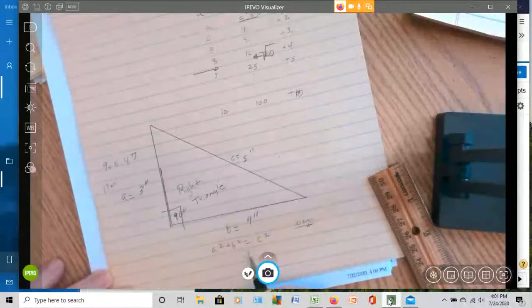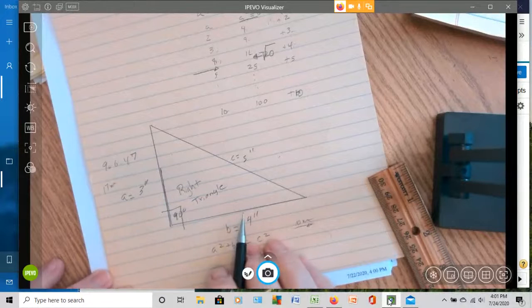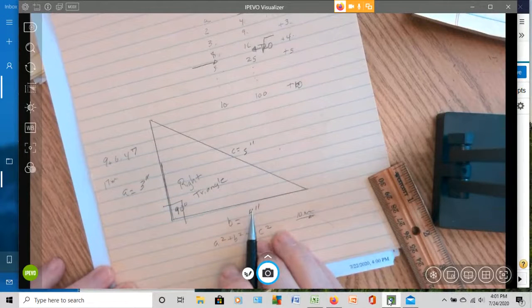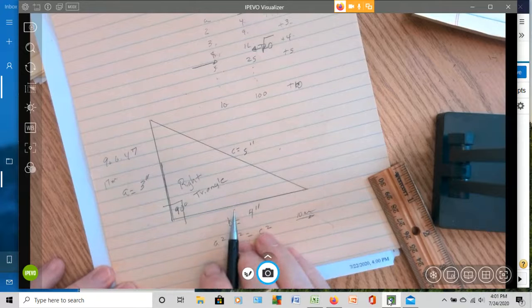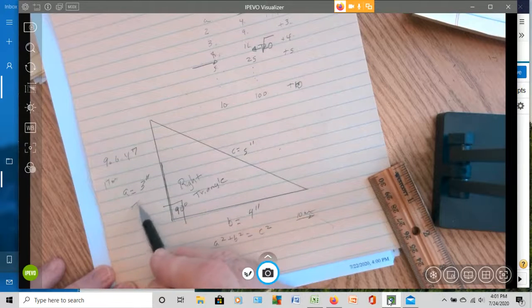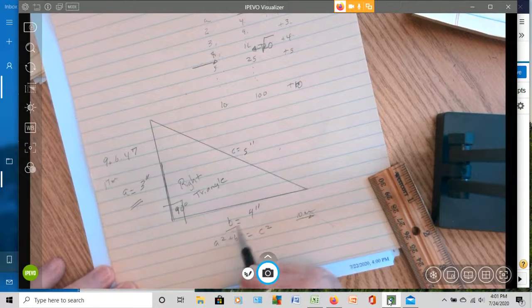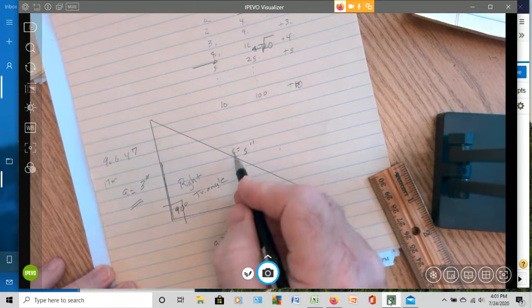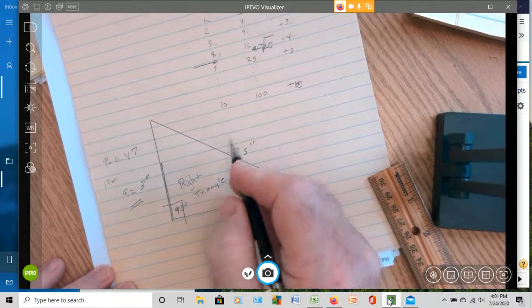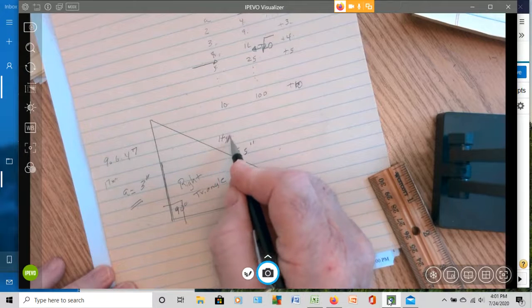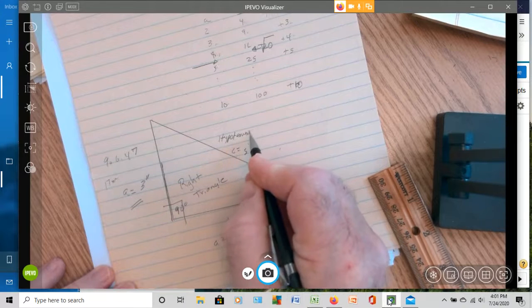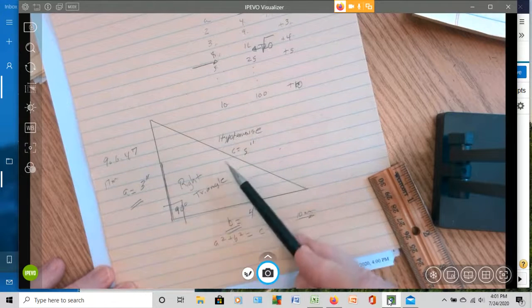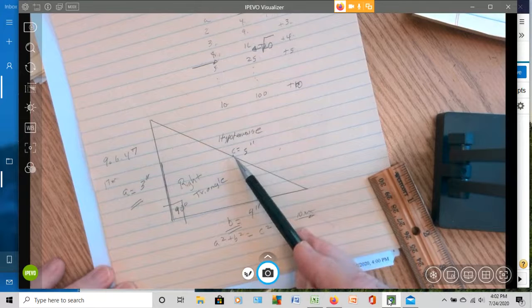Now, the sides or legs for this thing to work are given distinct labels. I call this one the A side, this one's the B side, and this one is the C side, and this is also referred to as the hypotenuse in a right triangle.